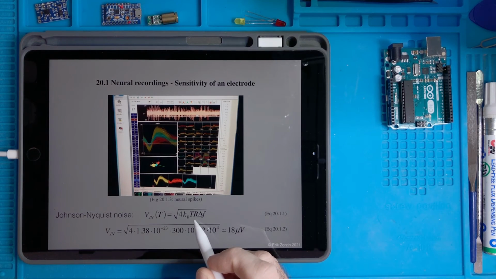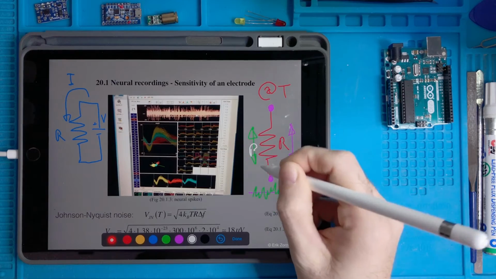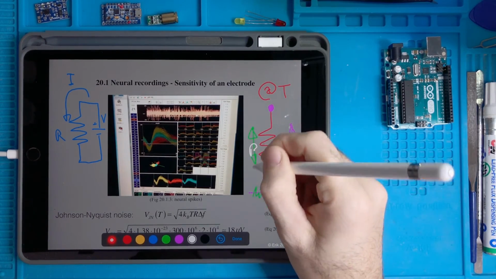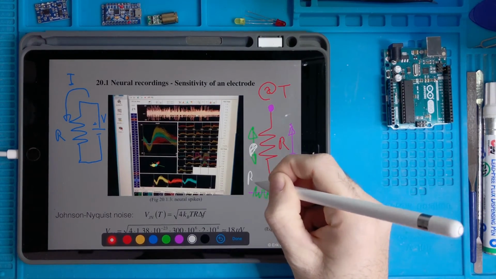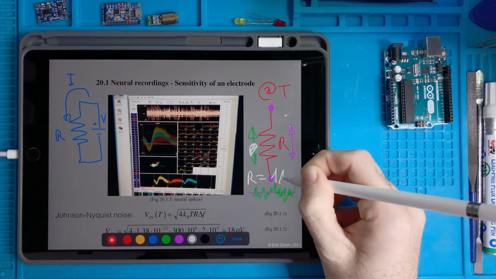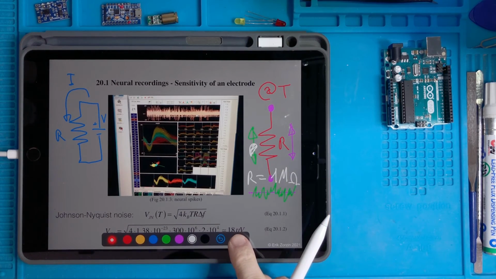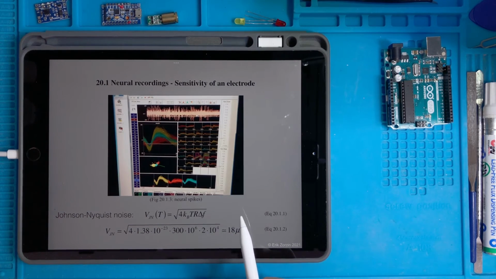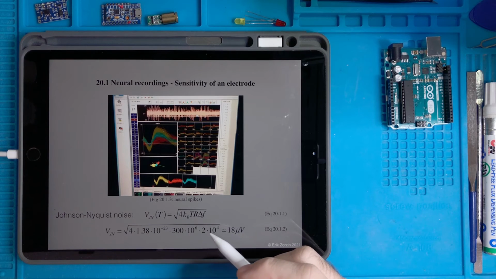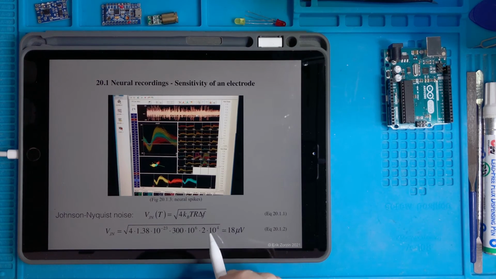If we put a resistor R equal to 1 megaohm, so 10 to the 6 ohms, which is a popular value for the impedance of a very sharp electrode used in electrophysiology, and we put 20 kilohertz as a sampling rate, then this value is 18 microvolts.